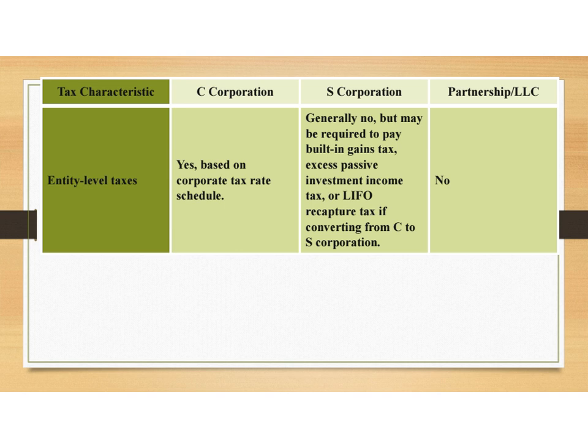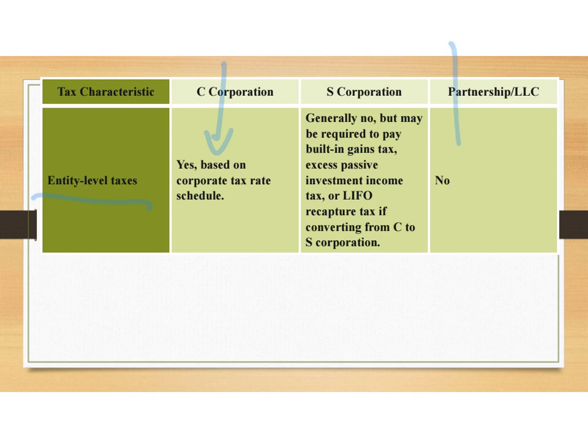All right, and now we're in this final section. Okay. So, and it's classified as entity level taxes. All right. And obviously we know that C corporations have entity level taxes because they have a corporate tax rate, right?